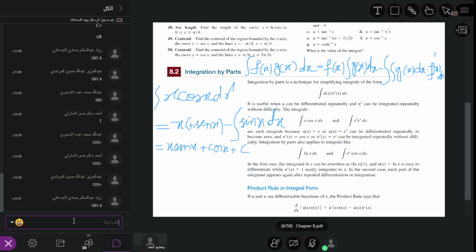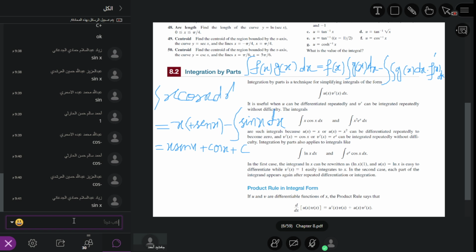So whenever we take its derivative again, we will get the same function. So if we take the derivative of x sine x plus cosine x plus constant, we get the same function.